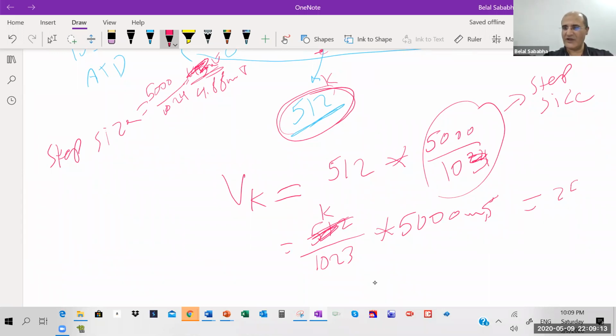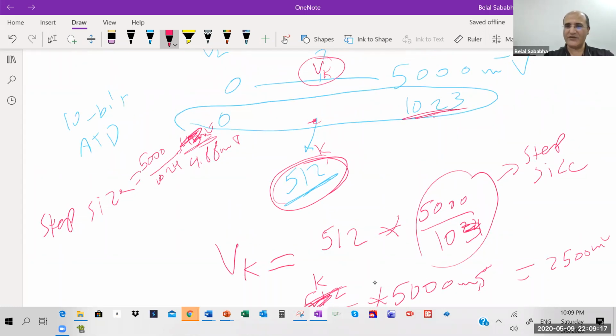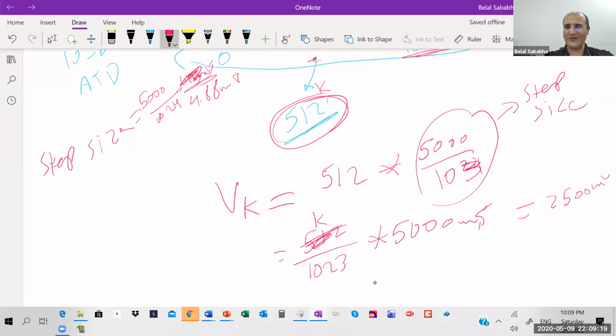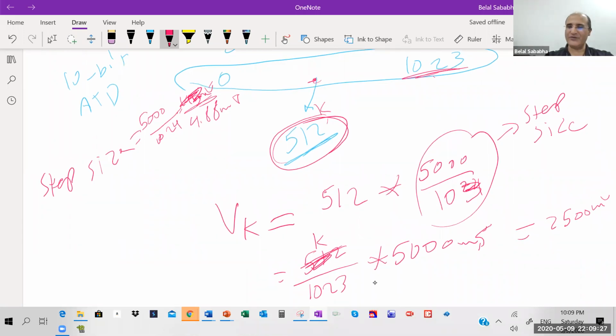equals 2500 millivolts, right? Okay, if the reading was 1023 over 1023, this is 1 times 5000 equals 5000. If it was 0 over 1023, it is 0.